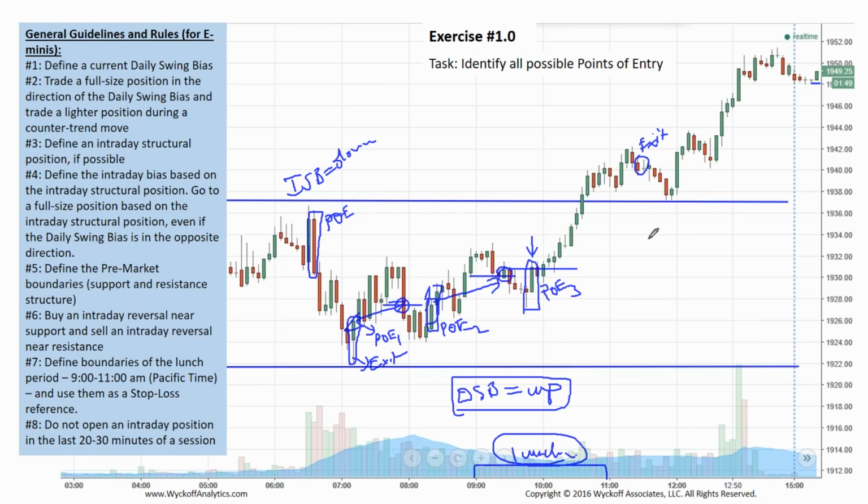And then the next one, where is the next one, Kiran? It's that big green bar at 12 o'clock. Yeah, so it reverses the last commitment to the downside. And please note again how nicely we are bouncing off the support that acted as a resistance that was created by the pre-market action. It's just uncanny for E-minis sometimes how well it works.